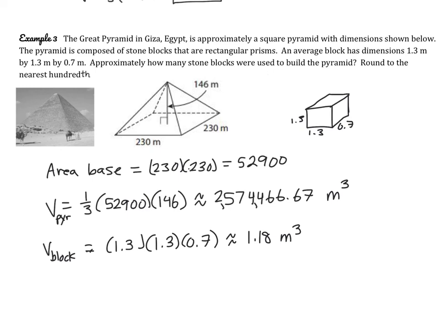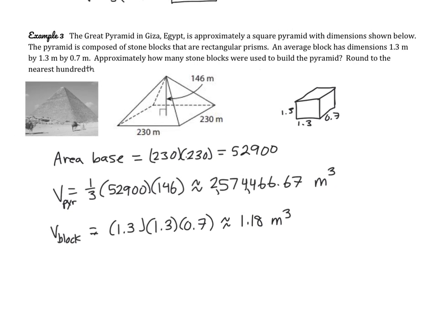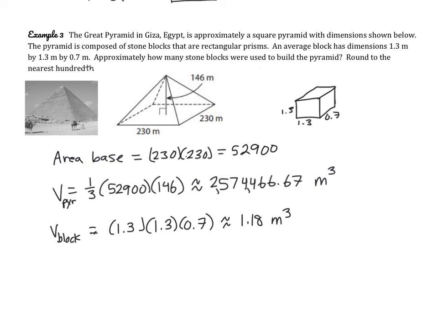So now all we have to do is take our total and divide it by the volume of a single block, and that should give us an approximation for how many blocks we used. So we're going to do this number divided by this number. When you divide those numbers and round, we should get 2,181,751.42 blocks.